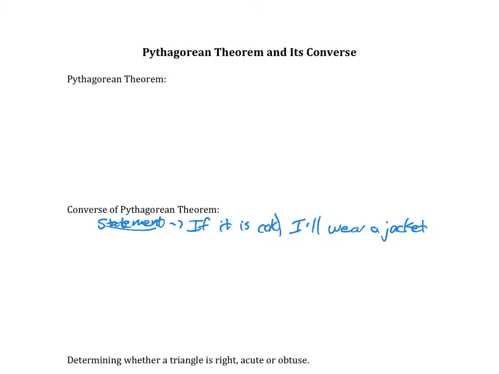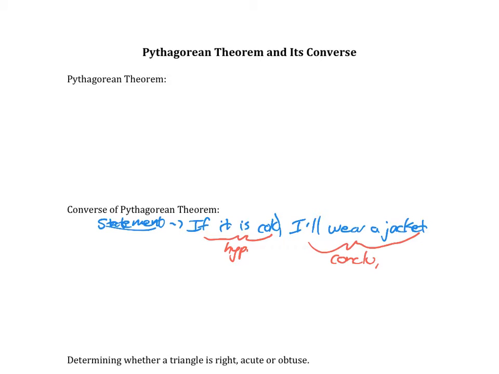Well, if we think about this statement right here, if it is cold, I'll wear a jacket, I have 2 parts. I basically have what is a hypothesis, and then I have a conclusion. My hypothesis says if this is true, then I'll wear a jacket. So I have a hypothesis and I have a conclusion.